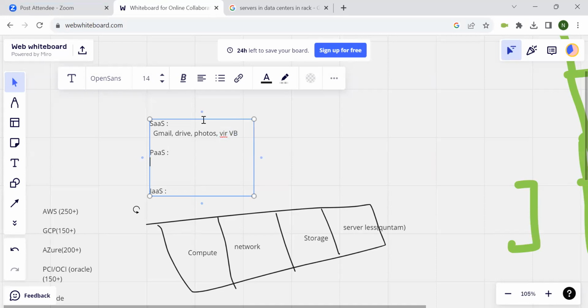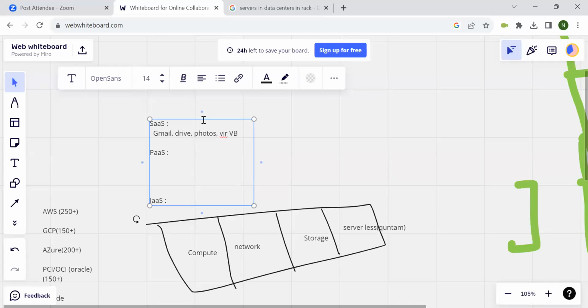Now there is something called PaaS, platform as a service. Platform means, for example, you have a Java application, or a Node.js application, or a Python application. You require some platform here. That platform should have the required tools installed.